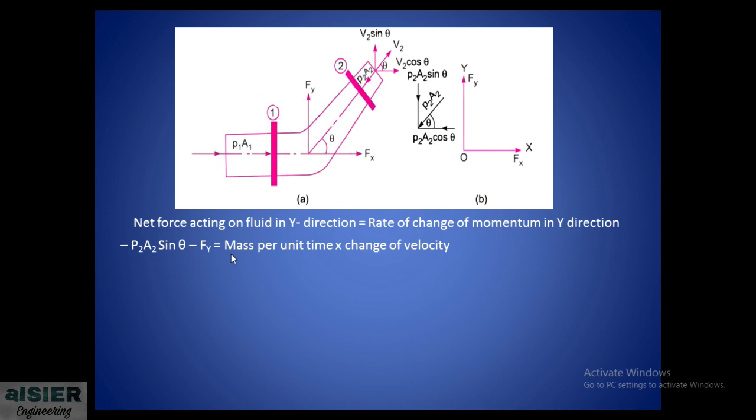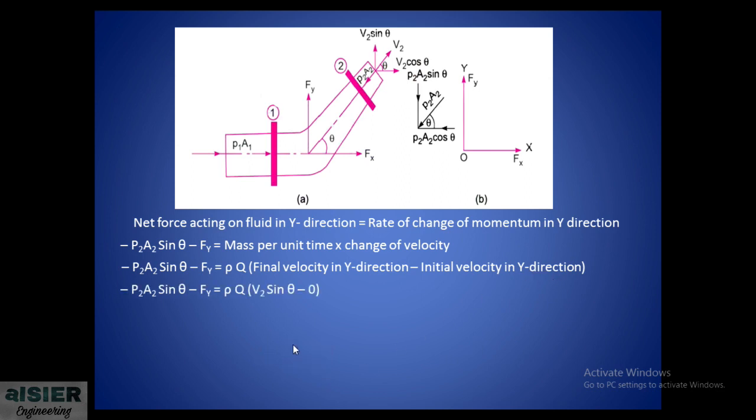This is equal to, again, mass per unit time multiplied by change in velocity. Mass per unit time is the product of mass density and discharge, and then the final velocity in the y direction minus the initial velocity in the y direction.